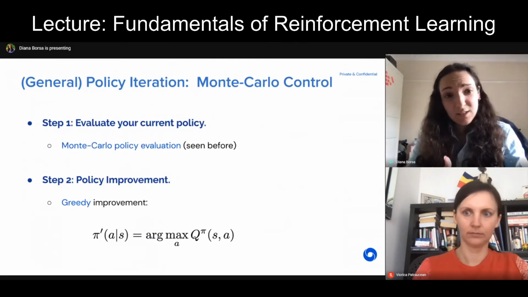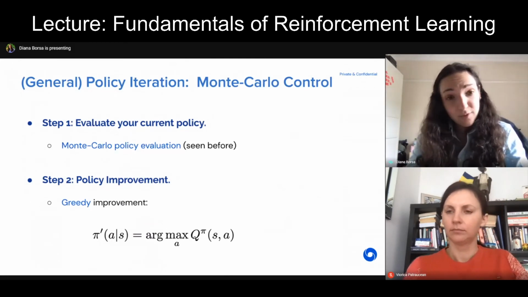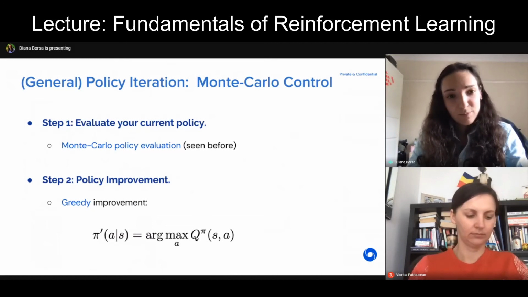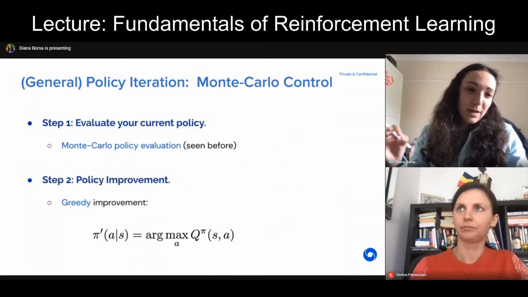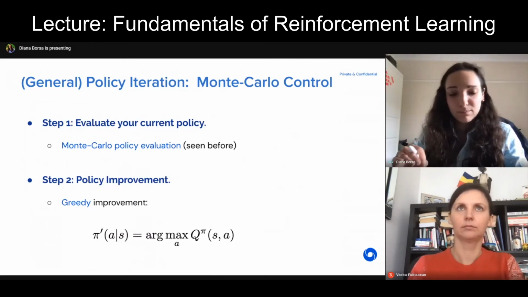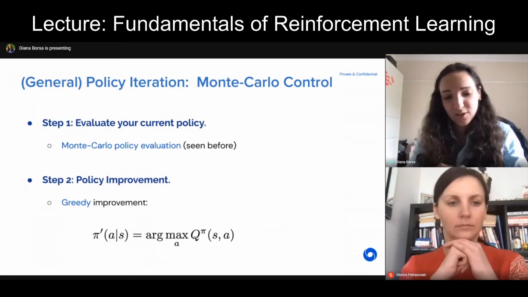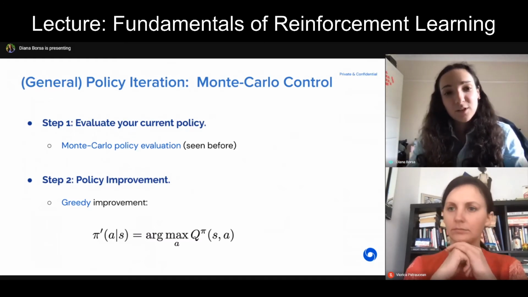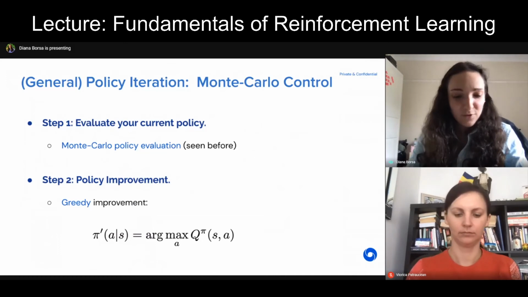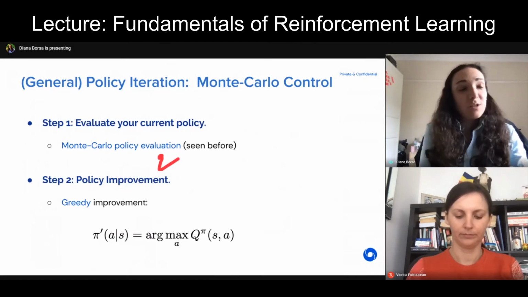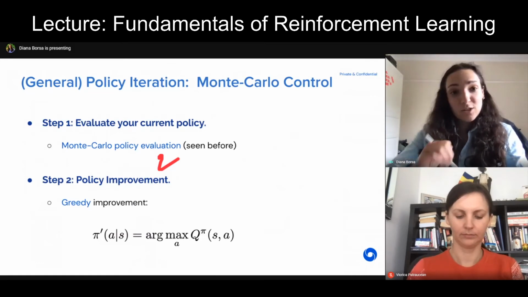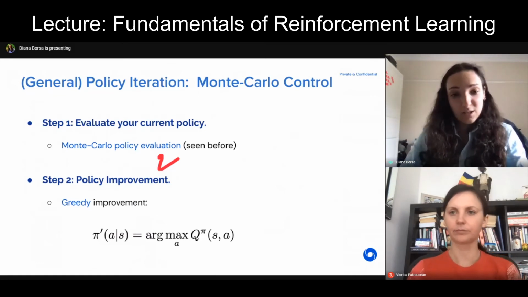Now, we've seen both the policy evaluation and the policy improvement problems before. For most of these, policy improvement will be greedy or epsilon greedy, and we can have particular cases of this general principle depending on the evaluation methods we've seen before. The first one is Monte-Carlo control, where the evaluation step is based on a Monte-Carlo evaluation method: generating trajectories and taking the mean.